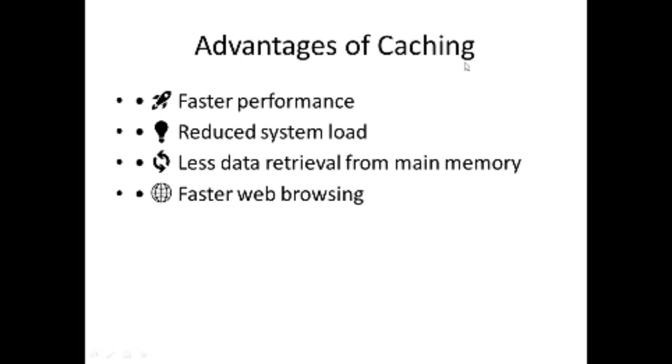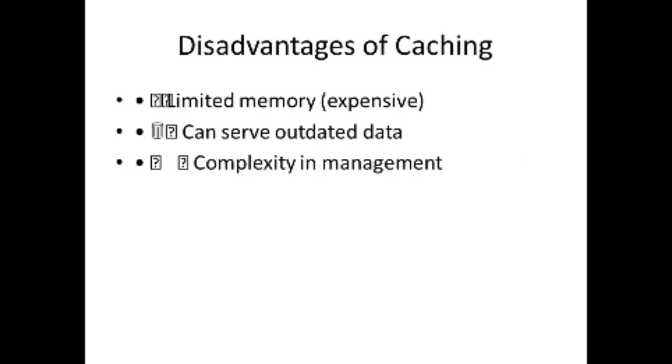All right, so advantages of caching. What are the benefits you get from caching? Faster performance, reduced system load, less data retrieval from main memory, and faster web browsing. All right. Disadvantages: limited memory.